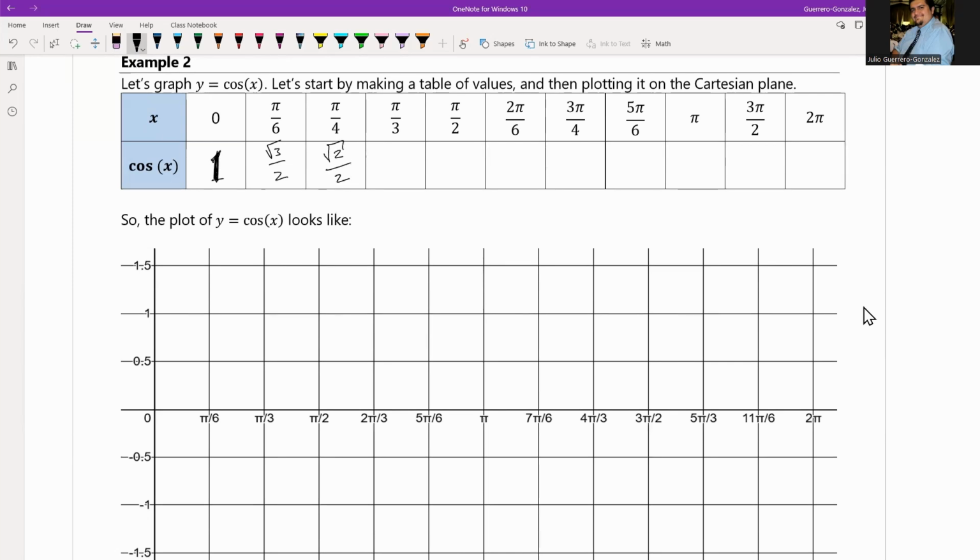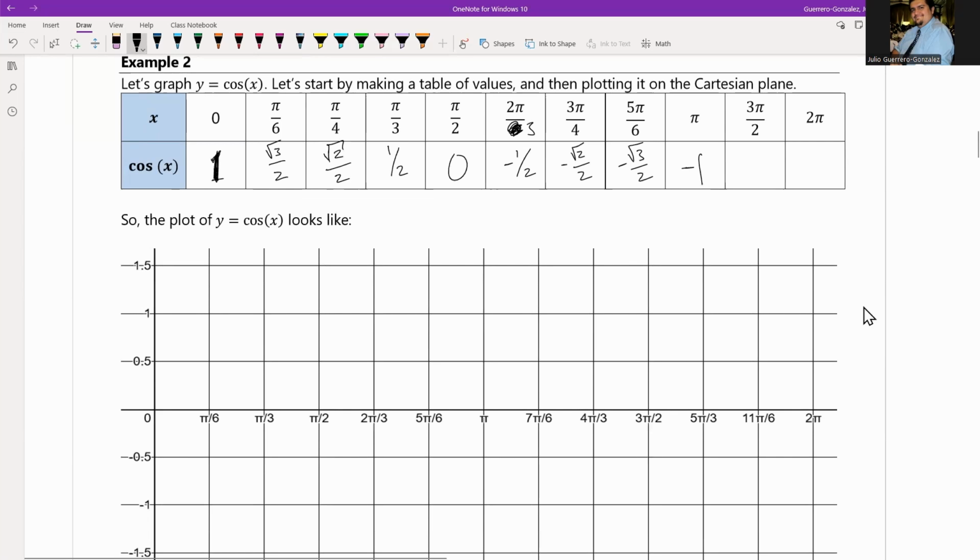Pi over 3 is going to be 1/2. Pi over 2 is going to be 0. 2 pi over 3 is -1/2. 3 pi over 4, negative root 2 over 2. 5 pi over 6, negative root 3 over 2. And then pi is going to be -1.